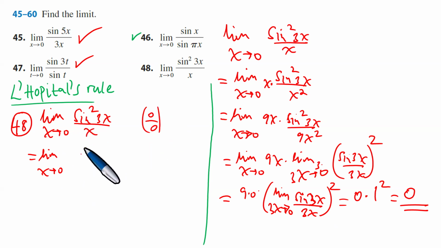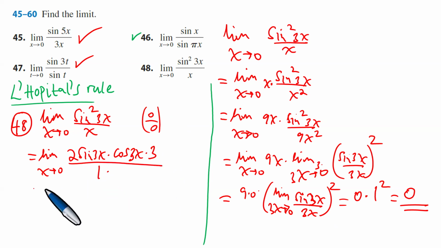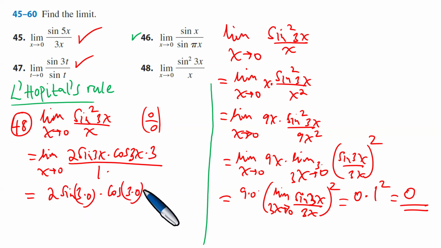Therefore we can find the derivative of this, which is 2 sine of 3x, the derivative of sine is cosine 3x, multiplied by 3, divided by the derivative of x, which is 1. We use the chain rule: 2 times sine 0 is 0, cosine 0 is 1, times 3, which is exactly 0. So the answer is 0.